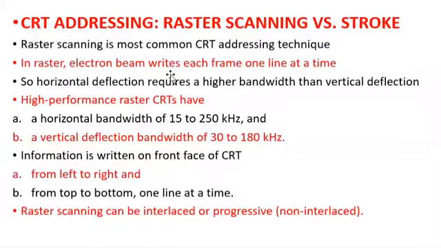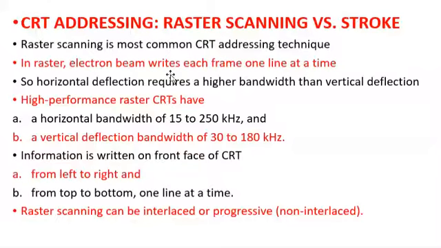The reason is simply because the rows, the horizontal lines, are the ones written one by one, and then you keep on going down. So for this reason, the high performance CRTs have a horizontal bandwidth ranging from 15 kilohertz to 250 kilohertz.